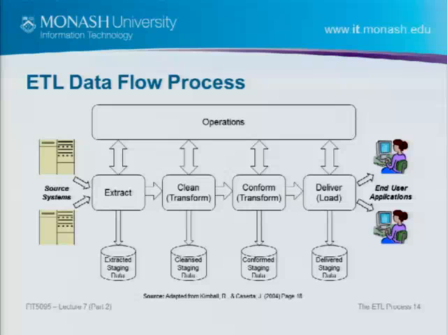You can see we've got the extract process, the clean and conform processes, which form the T and transform, and then the deliver or load process where it goes out to the applications. As you can see, each phase tends to have its own handoff data staging area, and we'll go into the reasons for that in a minute. And sitting over the top of it is a whole bunch of common operations and control.